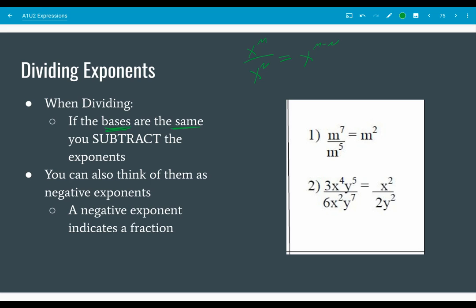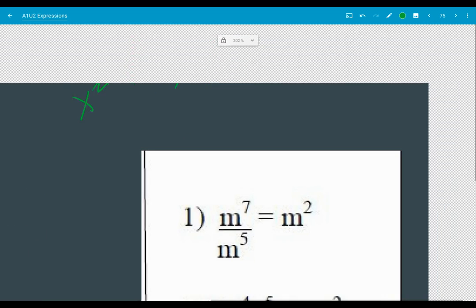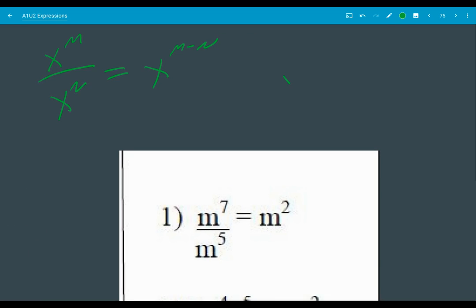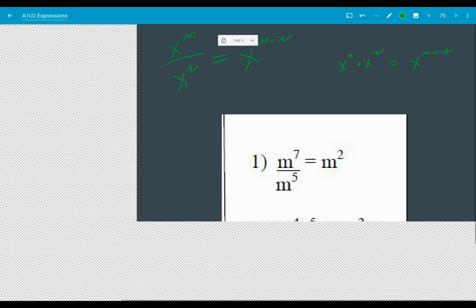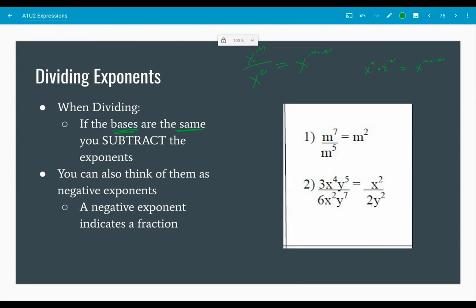If you want, you can also think of them as negative exponents. So we could think of our example here as x to the m times x to the negative n. And then the bases are the same, and you add the exponents. So that's when we're dividing exponents.